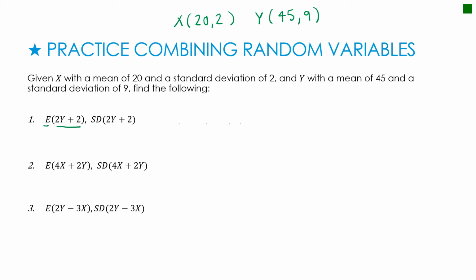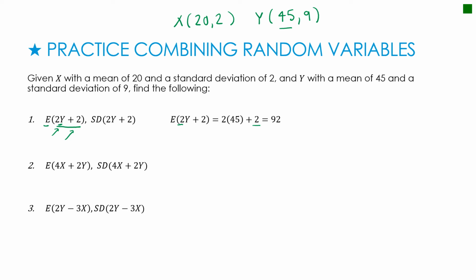Well, what I know about the expected value is that it is affected when I multiply, and it is affected when I add. So the expected value means that I would take that 45, which is the expected value of y, I'll multiply it by 2, and I'll add 2. So my expected value is 92.